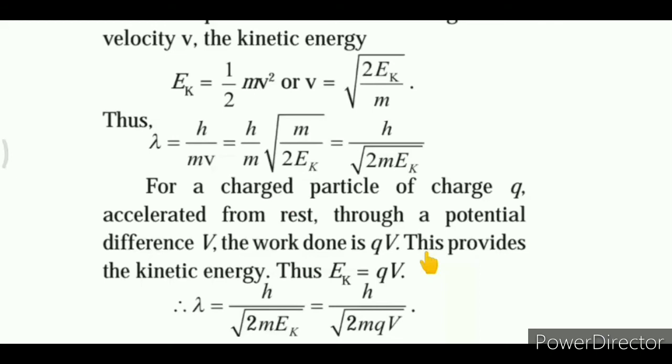Now, if we are considering a charged particle of charge q that is accelerated from rest, that means initially the charged particle of charge q is at rest, not moving, and when we apply a potential difference V on this particle at rest, it will start accelerating, and hence the charged particle will start moving with a certain velocity.